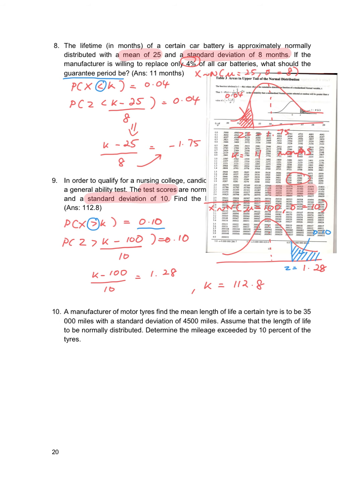Okay, next question. A manufacturer of motor tires finds the mean length of life of a certain tire to be 35,000 miles with a standard deviation of 4,500 miles. Assume that the length of life is normally distributed.